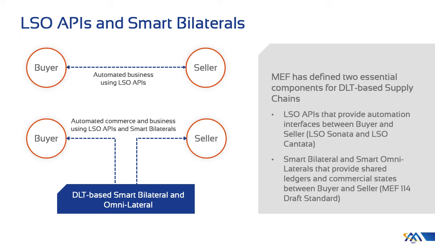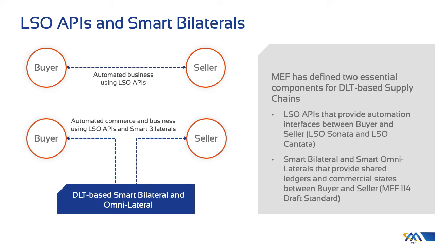That shows how buyers and sellers using LSO APIs in combination with smart contracts can synchronize all of their business interactions to ensure immediate and automated elements of the business lifecycle beyond the LSO APIs, for things like ordering, billing, and settlement. So that's very important work that's been going on there.